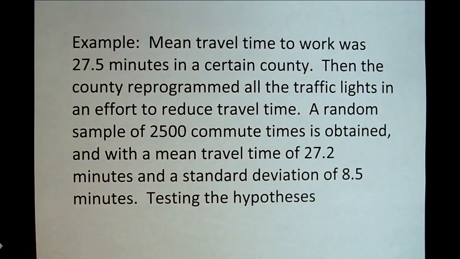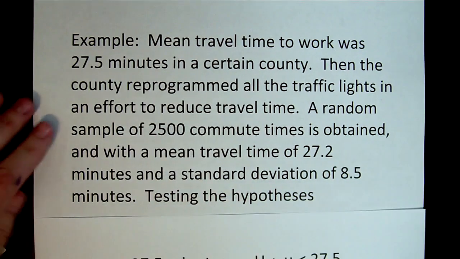mean travel time to work was 27.5 minutes in a certain county. Then the county reprogrammed all the traffic lights in an effort to reduce travel time. A random sample of 2,500 commute times is obtained, with a mean travel time of 27.2 minutes and a standard deviation of 8.5 minutes.